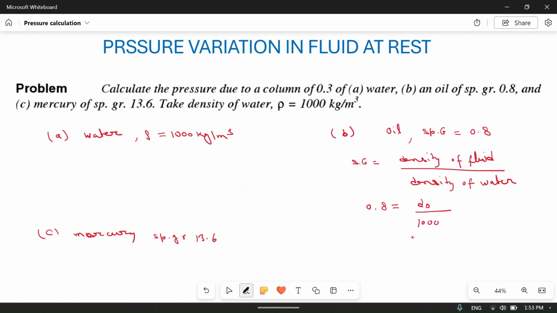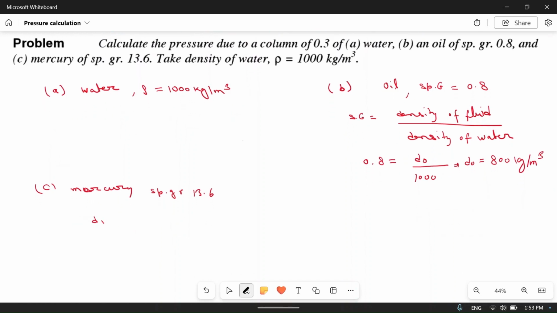So density of oil will be 0.8 into 1000, which is 800 kg per meter cube. Similarly, density of mercury is 13.6 into density of water, which is 1000 kg per meter cube, so it is 13,600 kg per meter cube.